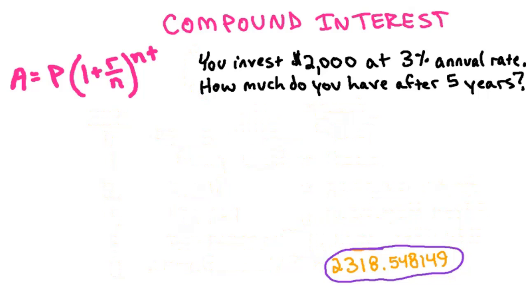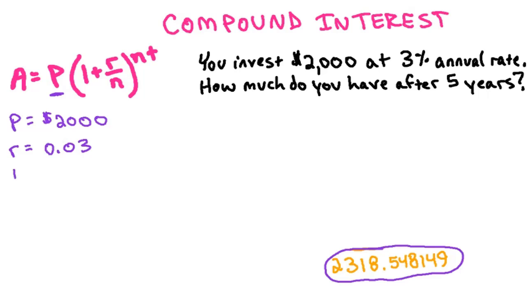Okay, so now that we've done it manually, let's actually take these numbers and plug them into the formula here for compound interest. Now we know P is going to be the principal, so that's going to be your original $2,000 that you invested. And R is going to be the rate, so that's your 0.03, which is the same thing as 3%.